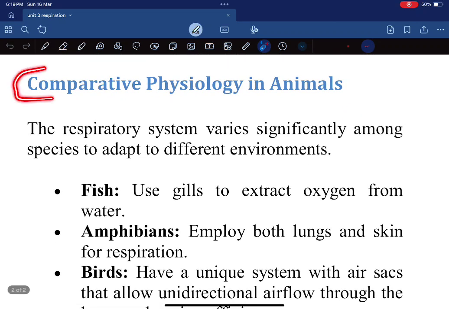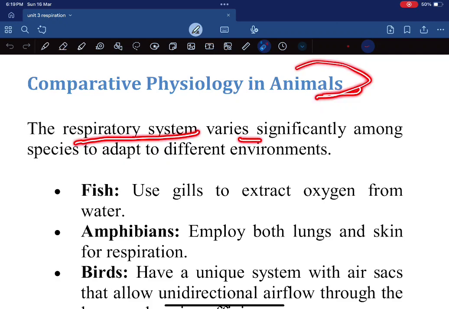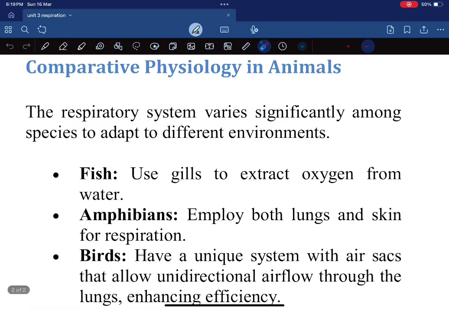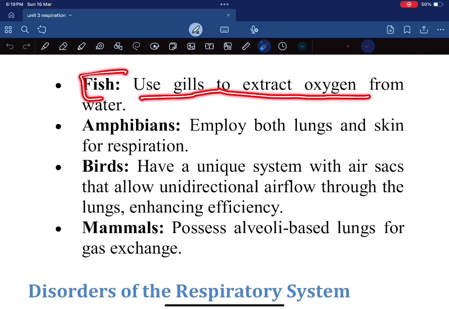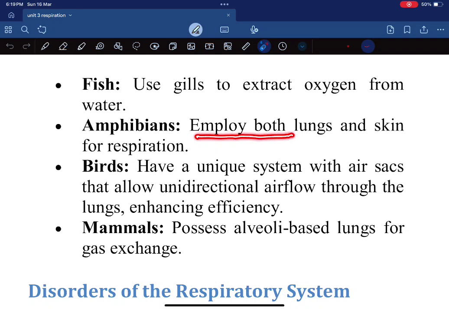Comparative physiology in animals. The respiratory system varies significantly among species to adapt to different environments. Fish, amphibians, birds, and mammals: fish use gills to extract oxygen from water. Amphibians employ both lungs and skin for respiration.